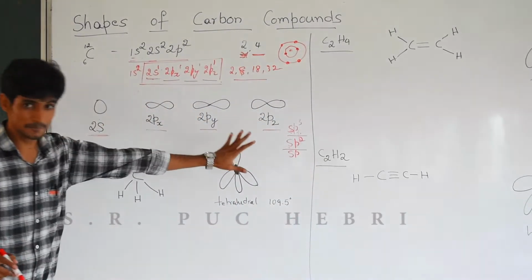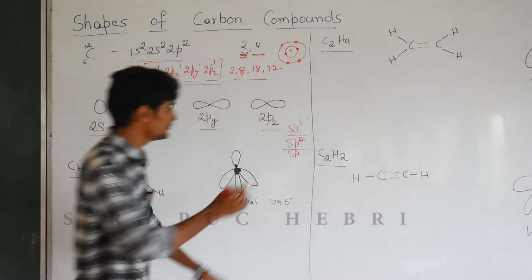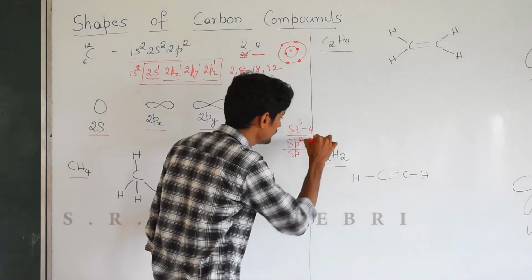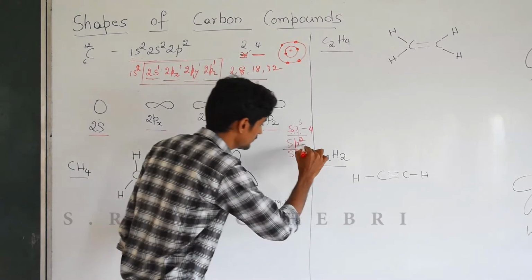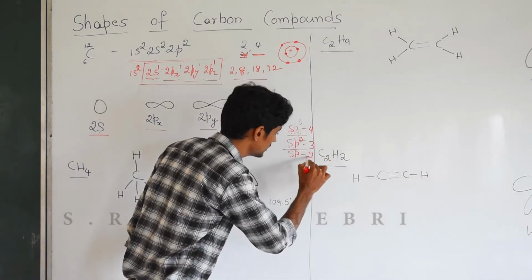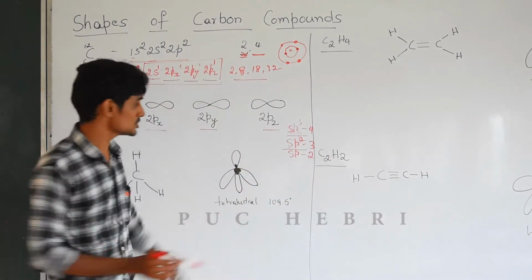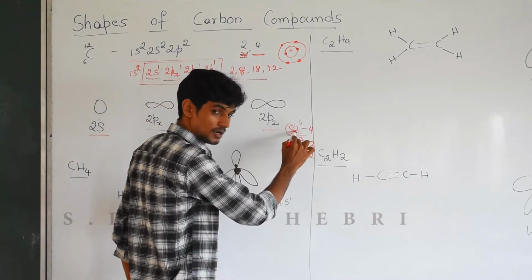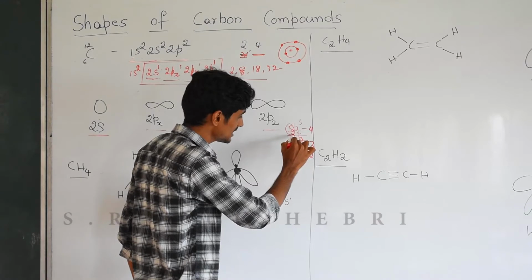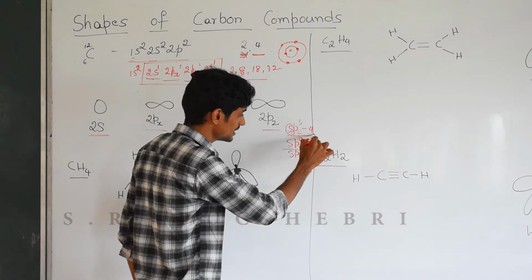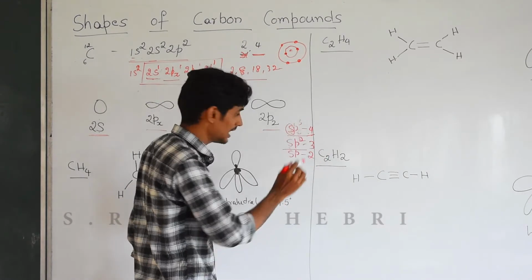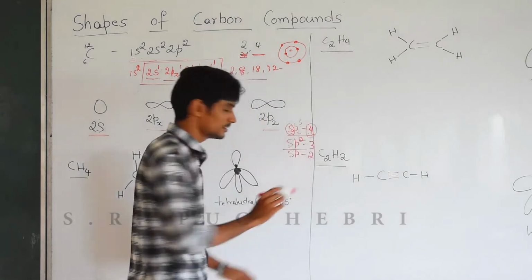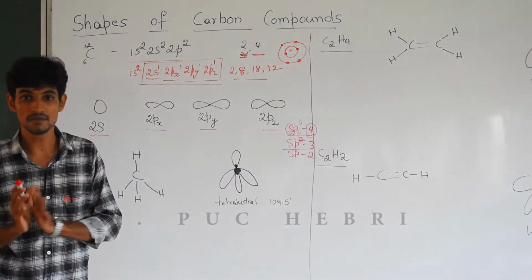And when this happens, the energy of these four changes. Here we have four orbitals, here we have three orbitals, here we have two orbitals, because one from the s and three from p mix and give four new orbitals, so that is called sp3 orbital. All these four have the same symmetry and same energy.